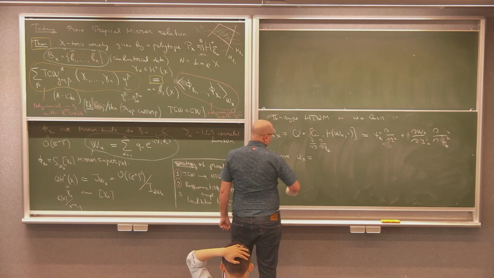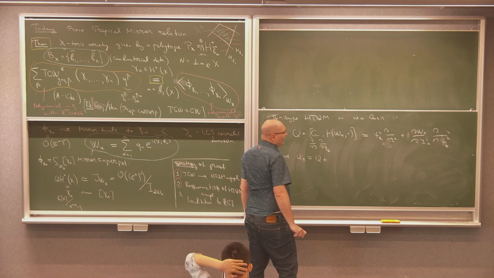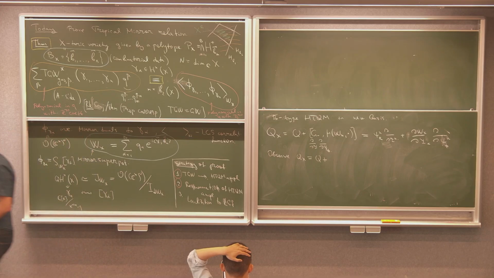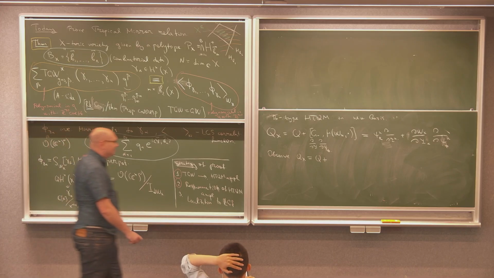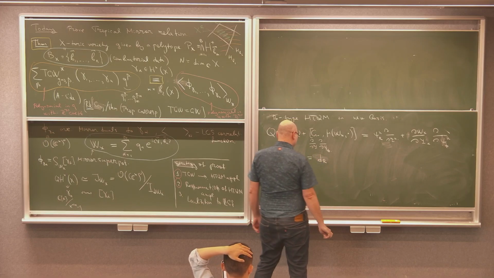So observe that Qx is actually a sum of two differentials. So we call it Q, and for this differential, let me see whether we can name it. Okay, let me use the name from our paper.